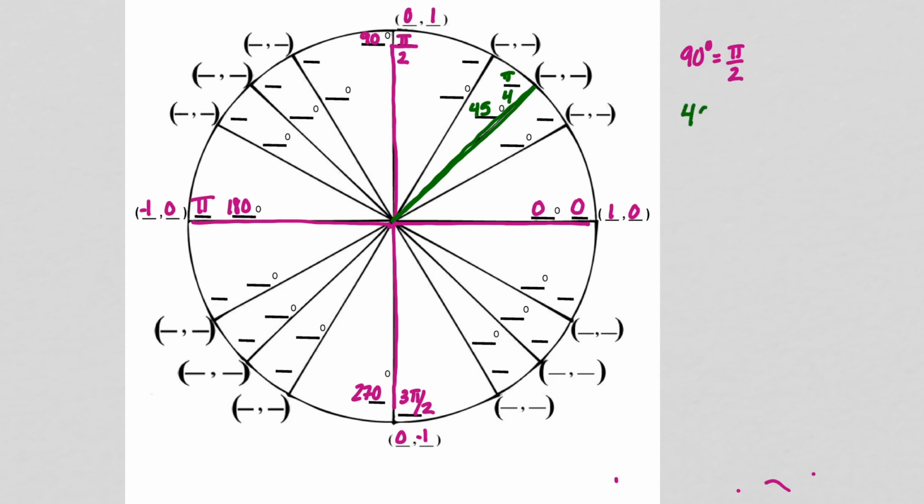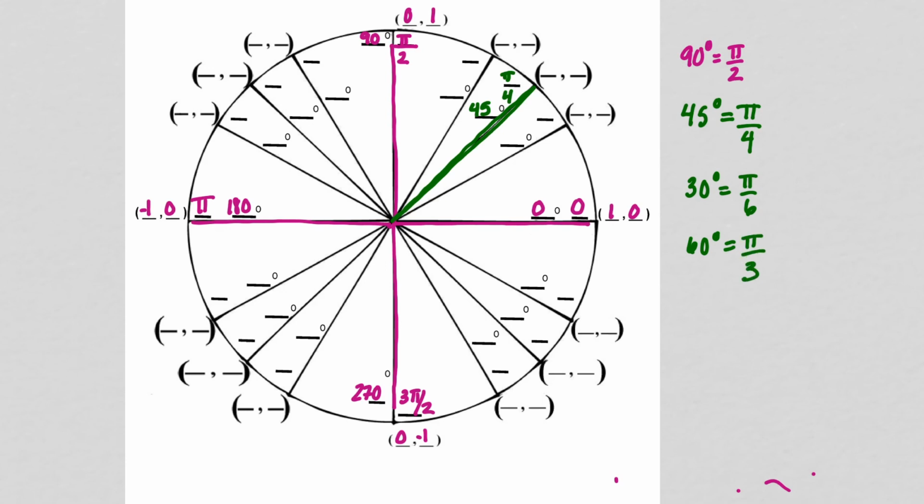So knowing some of these key degrees and their conversions to radians will actually make your life in trig easier. So the ones you kind of want to remember is that 90 degrees is pi over 2, 45 degrees is pi over 4, 30 degrees is pi over 6, and 60 degrees is pi over 3.